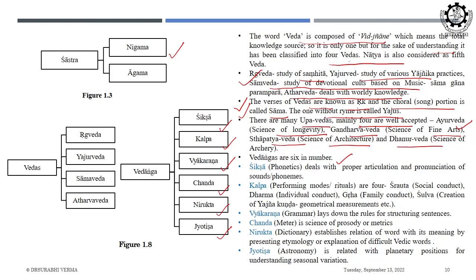Suppose there is a mantra, I am taking the same example, Sham no mitraha. If I am not able to recite this Sham sound, I won't be able to recite the mantra. So, first of all, we are taught how to pronounce that particular sound.